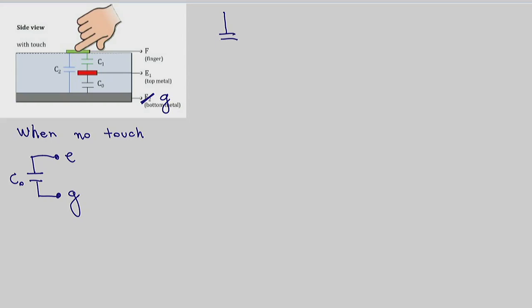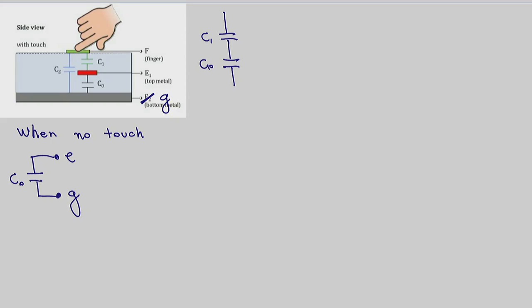capacitor 1 that is formed right on top of C0, this one, capacitor 1, right on top of C0, right? What are the nodes that are between them?